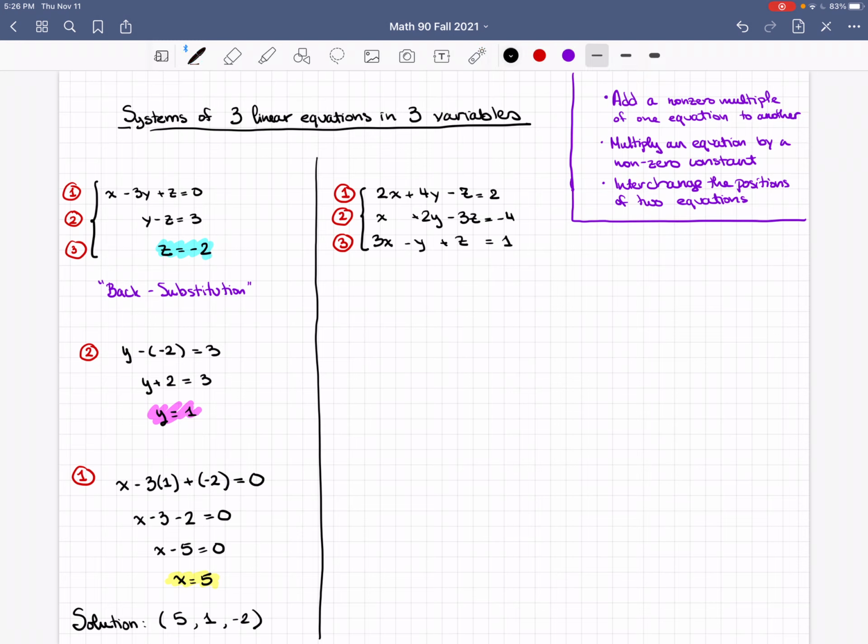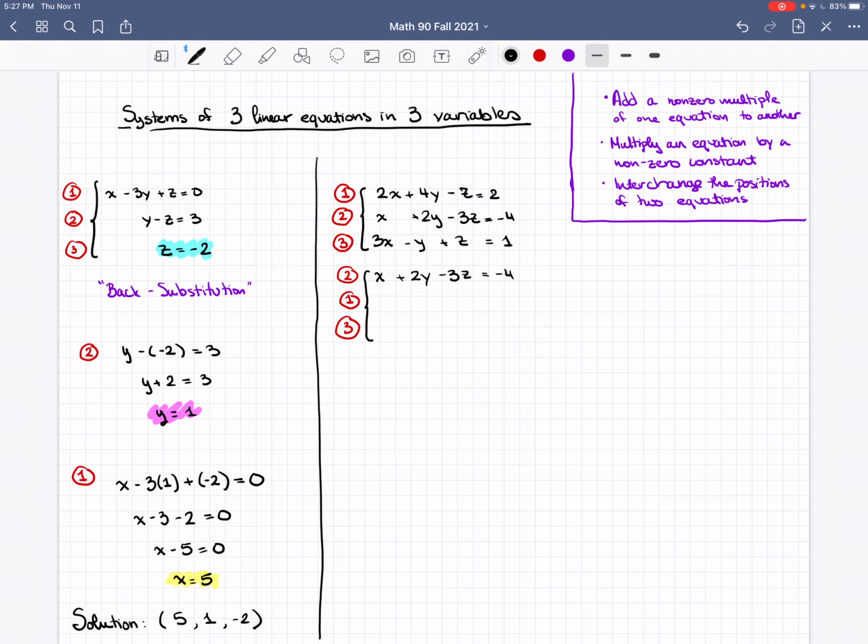I'm going to rewrite this system with the first and the second equation flip-flopped. So I'm going to put the second equation up top, then the first and the third. Notice that that is one of the 3 permissible operations. Okay, so here we go. I'm just going to rewrite it really quickly.